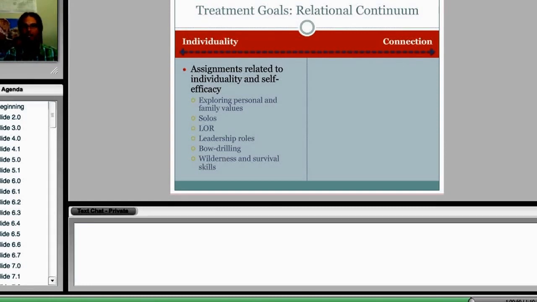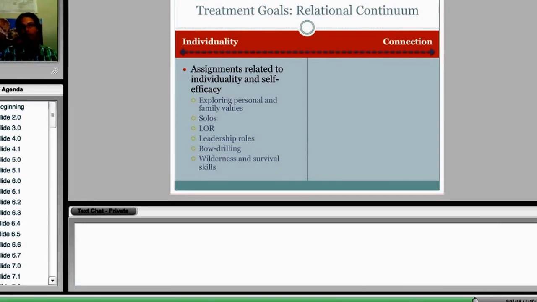And some of that can be encouraging them to think about their personal values away from their parents or away from the group. They think about what values and beliefs they want to guide their life. We'll give them assignments around that. We provide a solo experience if that's appropriate.